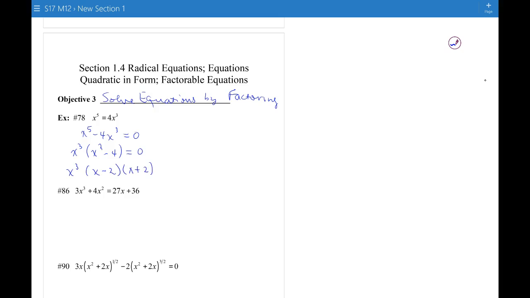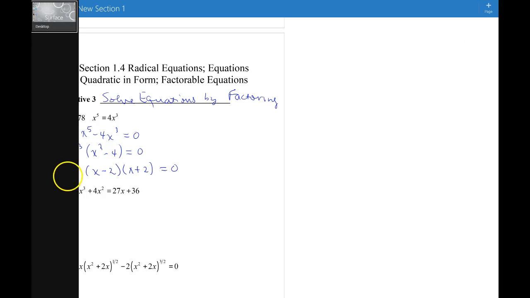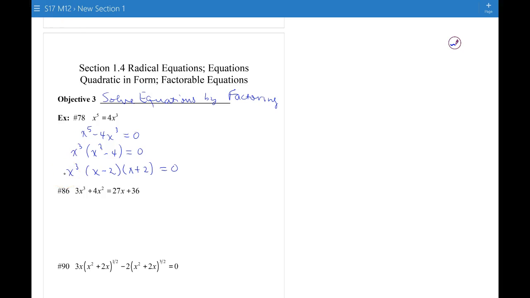If you don't remember difference of squares, that would be a good thing to review. And now we have the zero product property. We just have 3 factors in our product. 1, 2, 3 factors. So make sure you're very clear on the difference between a factor and a term. So the zero product property says either x cubed is 0, or x minus 2 equals 0, or x plus 2 equals 0.